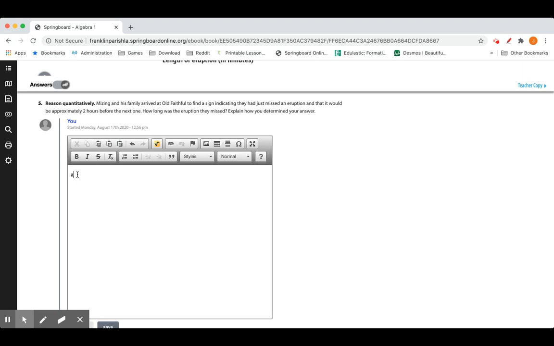There it is. A little over 7 minutes. And explain how you determined your answer. We found this by extending the table.